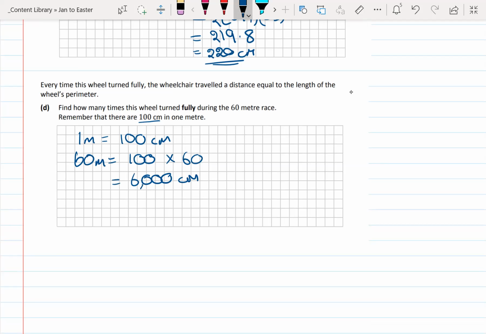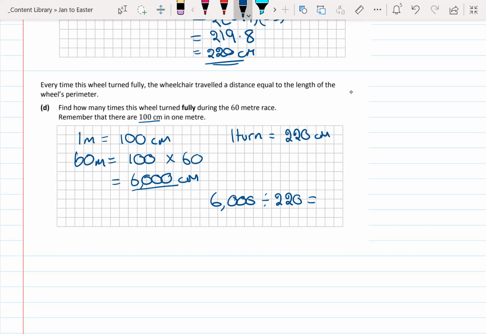Now, 1 turn of the wheel, as we found, is equal to 220 centimeters. So how many times will the wheel turn in this race? Okay, so it'll be 6,000 divided by 220 on your calculator.